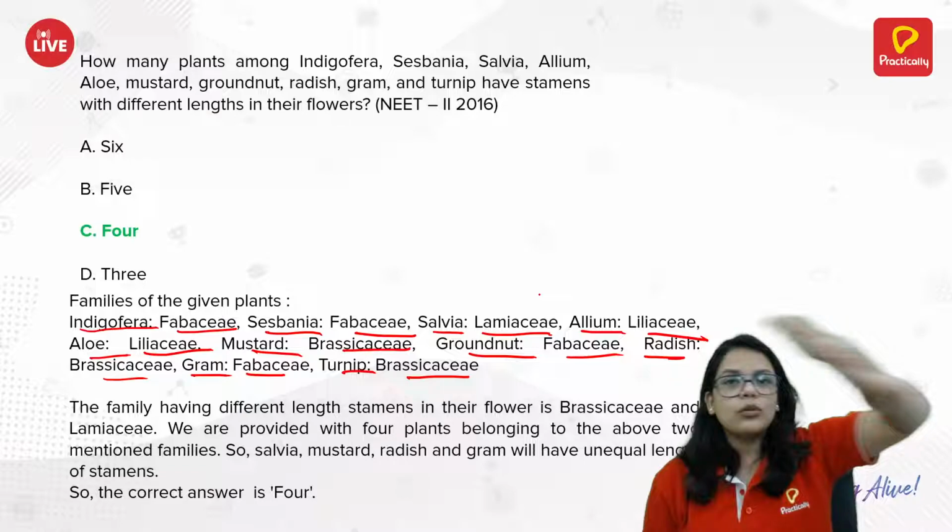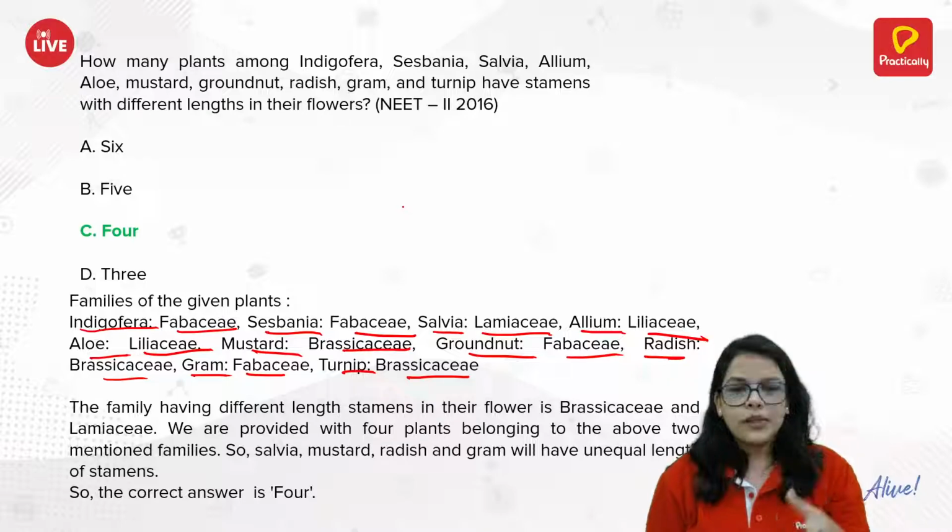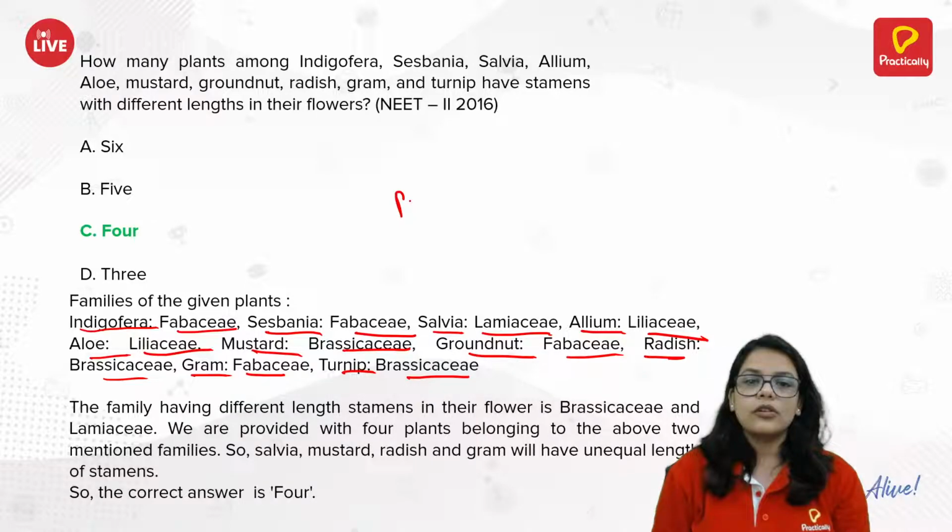What you have to do now is count. Different lengths of stamens in the flower means it has to be either Brassicaceae or Lamiaceae.